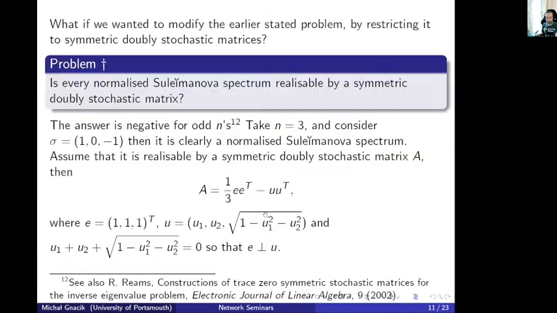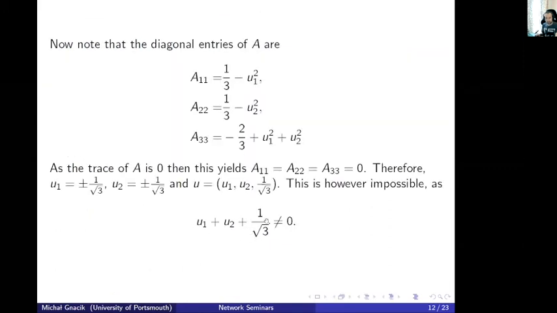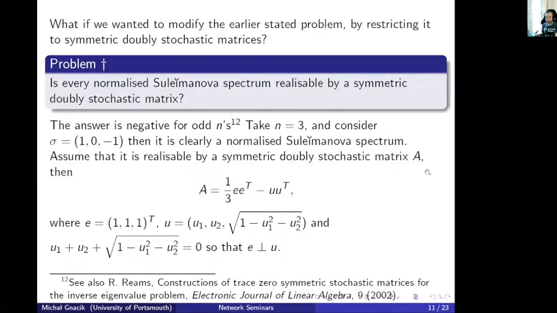But if I look now at this condition, because this E vector and U vector are supposed to be orthogonal, then I'm going to get this if I do the dot product of those two vectors, and this is non-zero, and therefore they cannot be orthogonal. So it is impossible to have a symmetric doubly stochastic matrix with this Suleimanova spectrum.